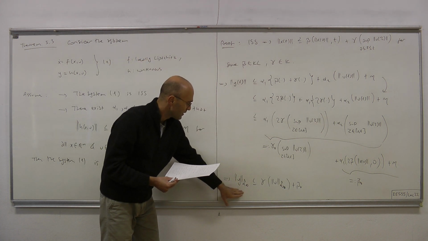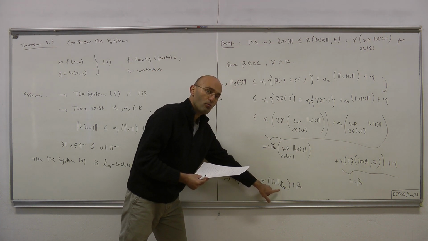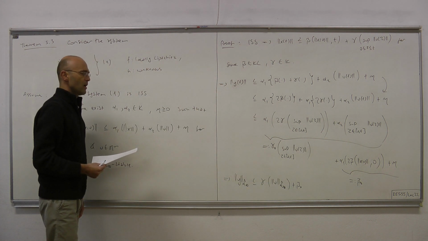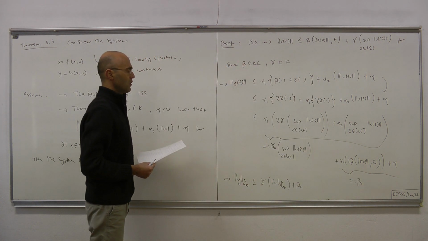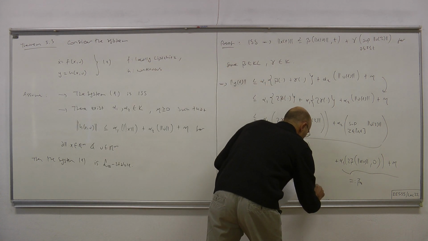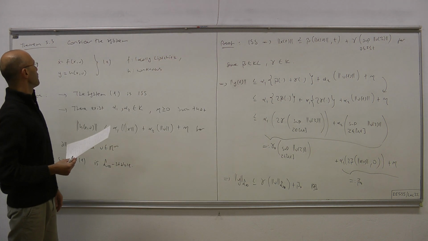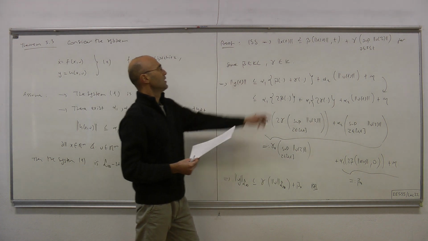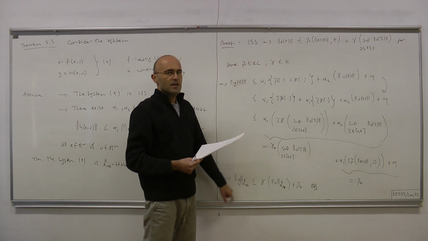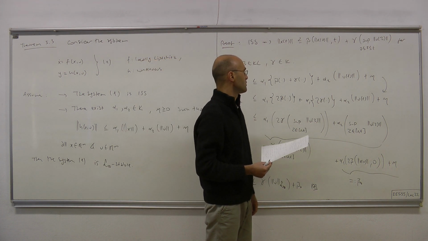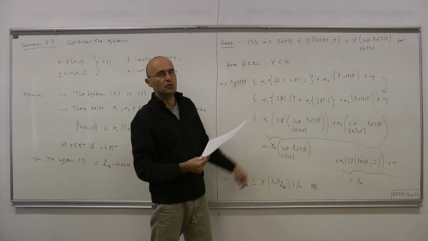Therefore the L infinity norm of y is upper bounded by the L infinity norm of the input passed through the function gamma plus a constant that comes from the second chunk in our inequality. That's the simple proof of this theorem, where we basically use the definition of input-to-state stability, the definition of L infinity stability, plus a very simple property of class K functions, which we use to go from this line to the next.